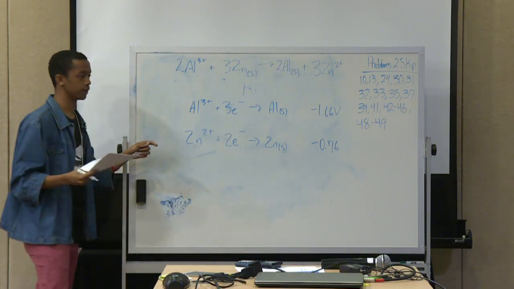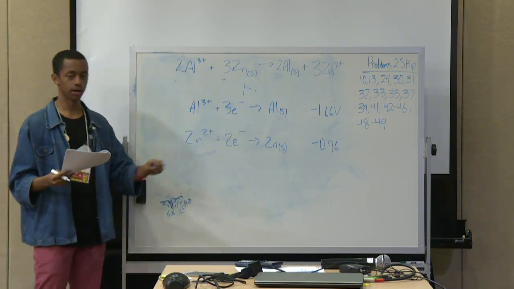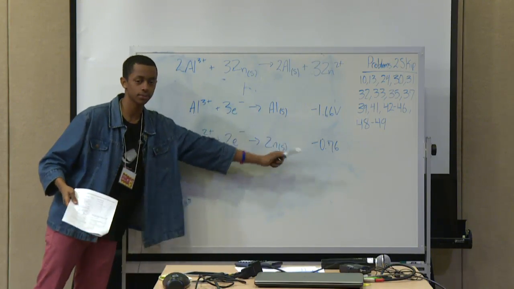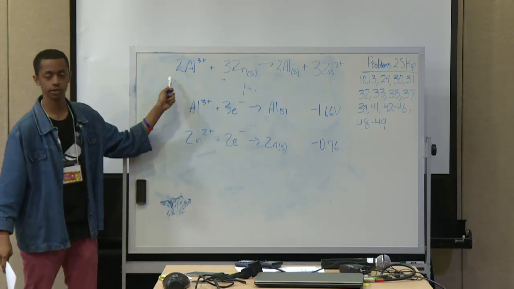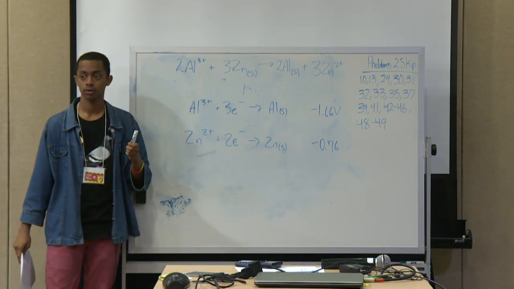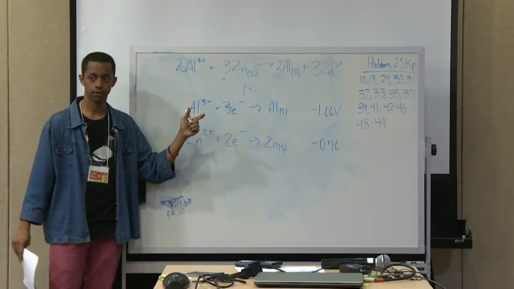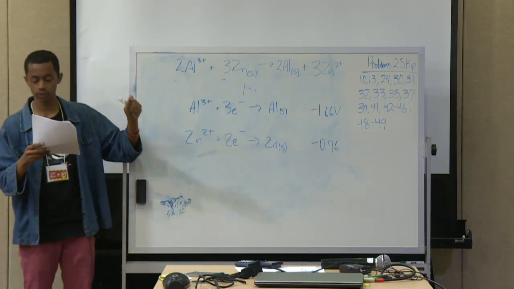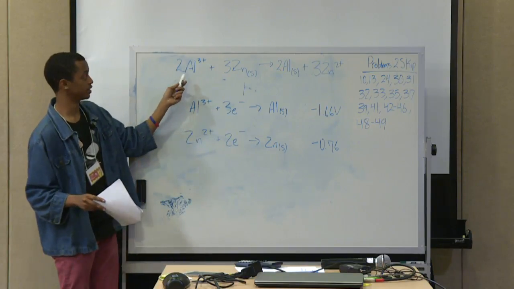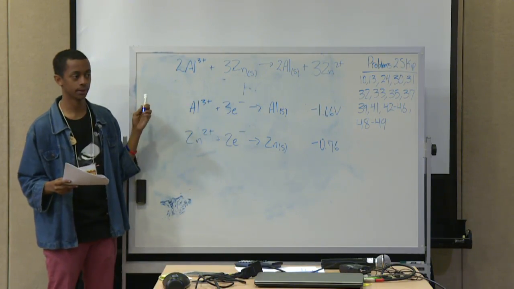So which one of these are we going to have to flip? If you don't know the trick of looking at these numbers to decide what we're going to have to flip, just look at the reaction up here, right? We'll do that one after, the very first one. So the first one here, if you want to do this reaction, what does it show you, the one that you're going to have to flip?